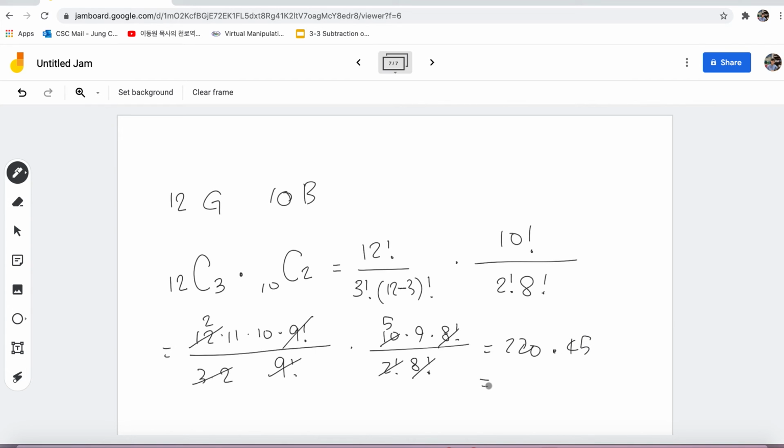So if you multiply them together, you get 9,900 ways to choose 3 girls and 2 boys as a committee when you have 12 girls and 10 boys in total. Okay.